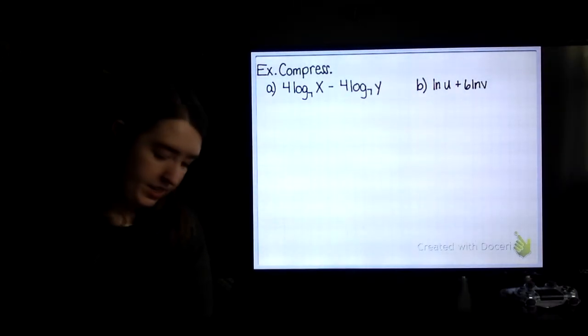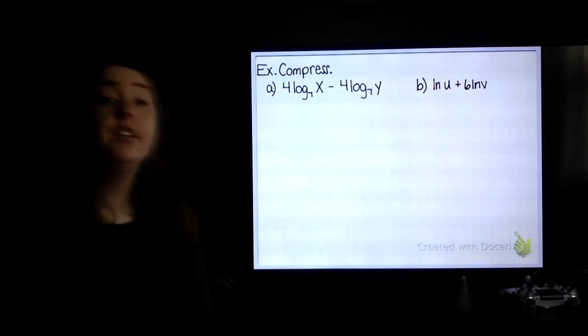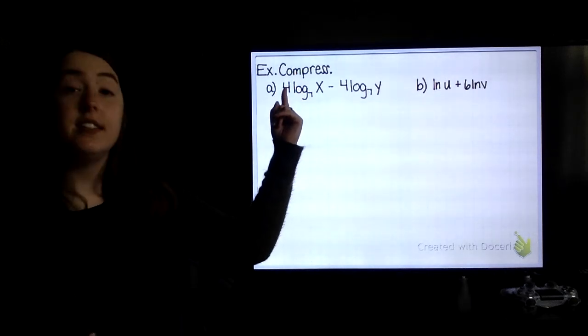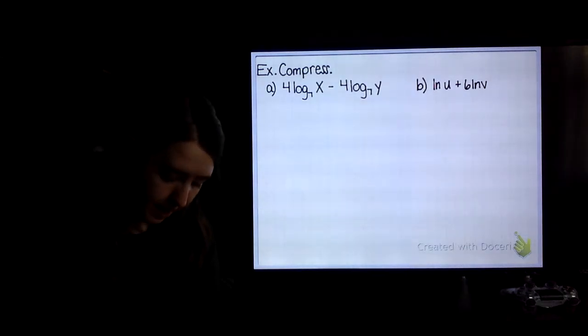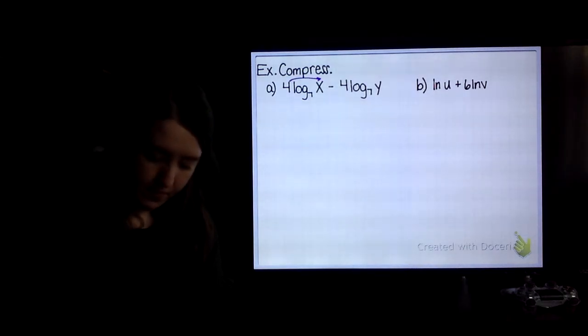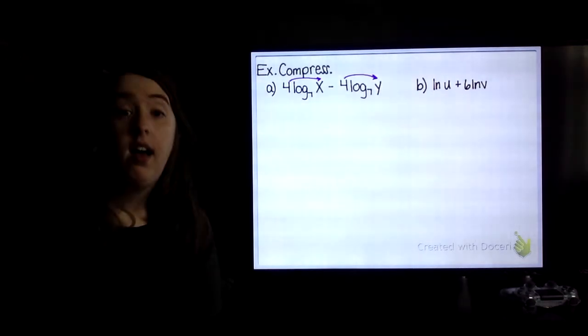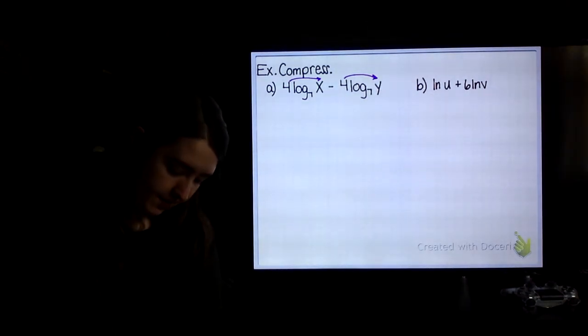So what we can do, these 4s before they came out front, they used to be exponents. So I'm going to pop them back up onto my bases right there.